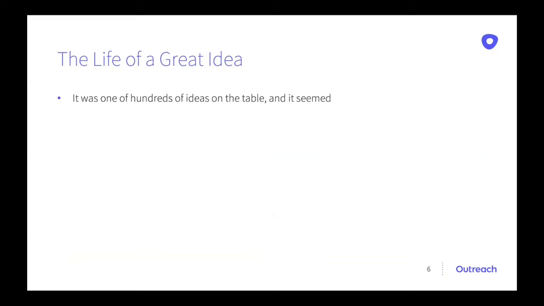But this was one of the hundreds of ideas on the table, and compared to many other ideas, it seemed like, man, nothing special. Some kind of a small tweak, who knows, maybe interesting, maybe not. So the idea was put into the backlog, and it stayed there for 1 month, then another month, and 1 more, and 1 more, and essentially, after 6 months, it became clear to the engineer, this idea is never going to make it.